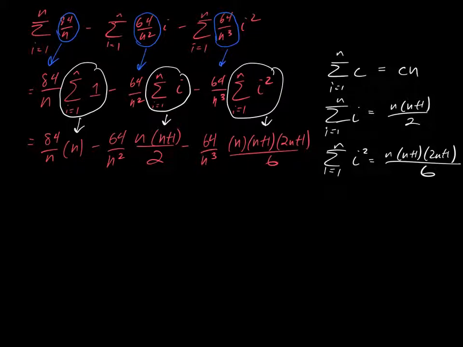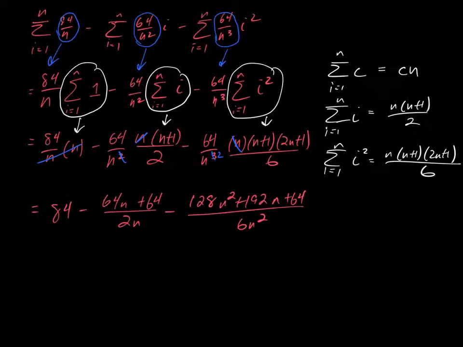Now would be a good idea to do just a little bit of simplification, like the n's cancel here, one n cancels here, one n leaves us with a square, cancels here. And we can do some distributing and FOILing in these terms if necessary. And that leaves us with something like this.